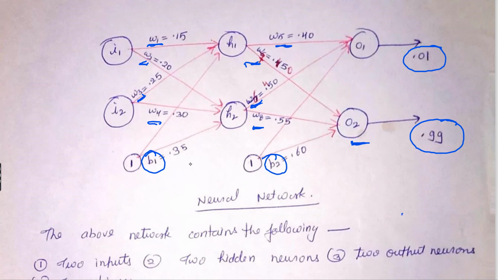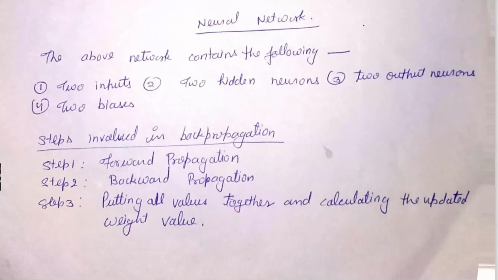With the help of these values of weights and biases, we will calculate the outputs O1 and O2. We will continue this process with the help of certain steps.